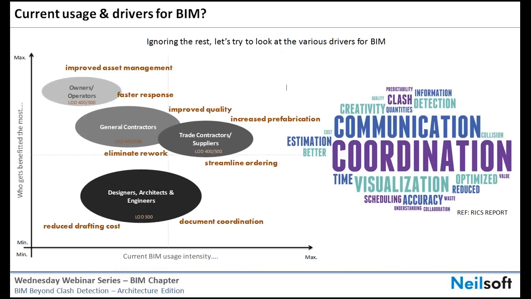As for the current market trend, in a recent report published by RICS, the most common benefits which users think they can extract out of BIM are coordination advantages, communication, threat detection, and all such things.